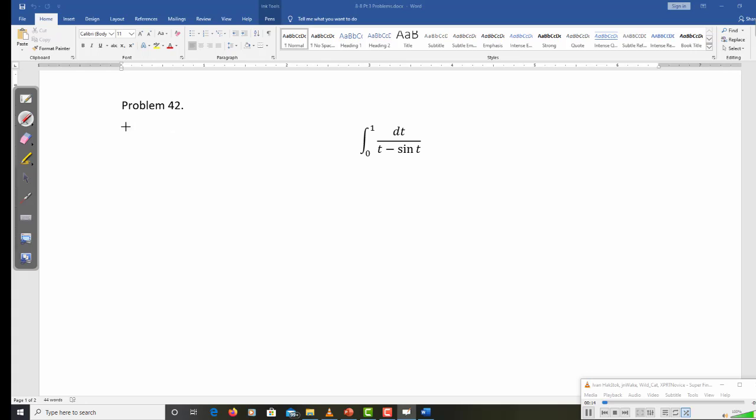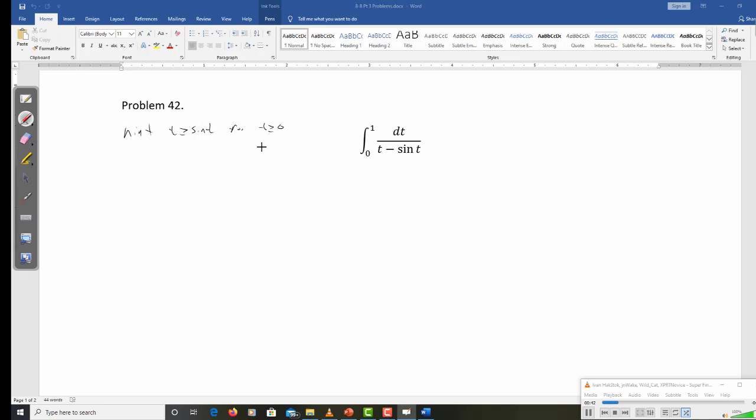They say the hint is that t is greater than sine t for t greater than or equals 0. That, I would say, is true in general, yeah. Sine t oscillates, but t will keep increasing.